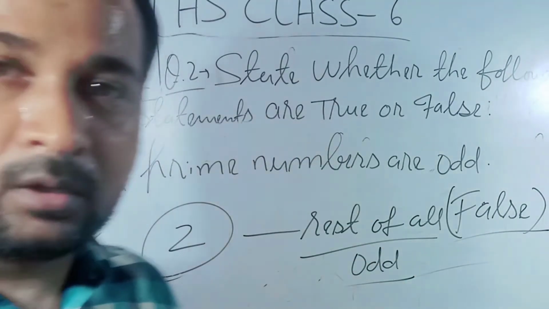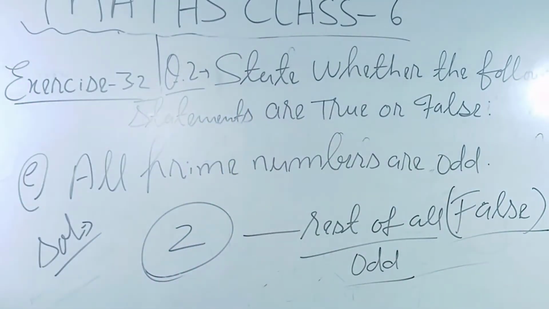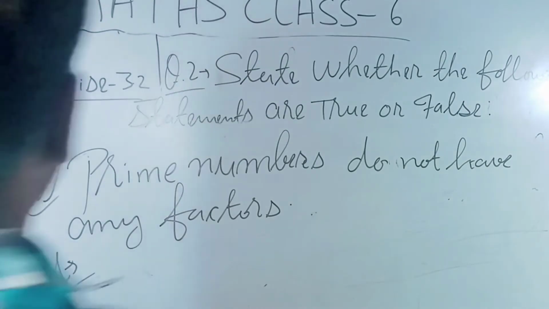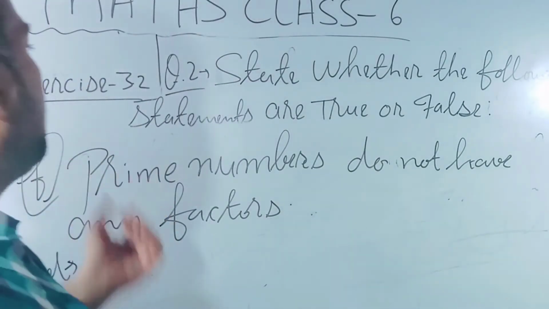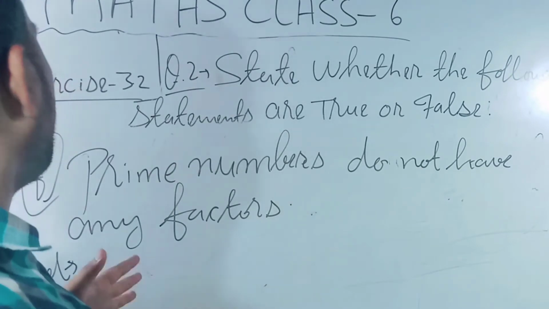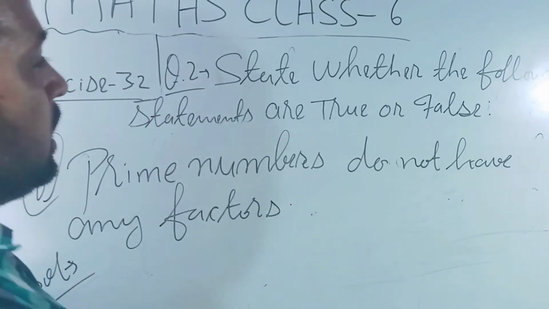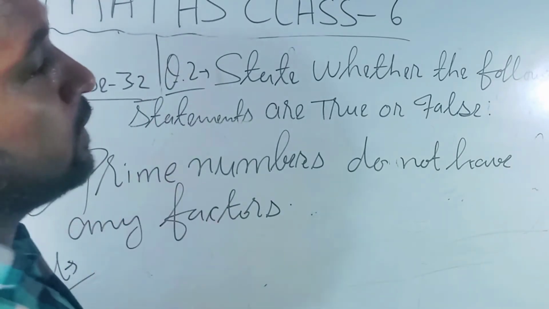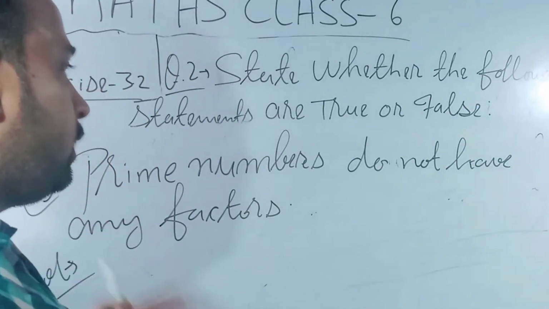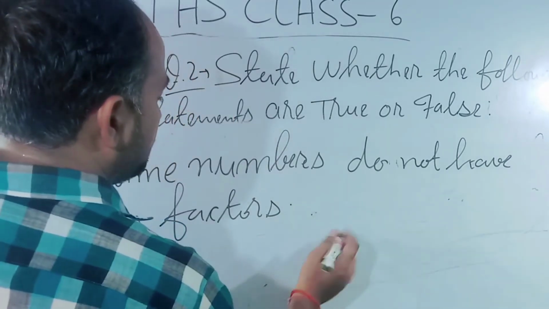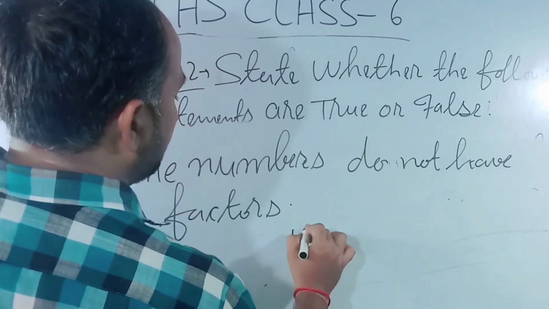Now let's solve another statement. Part F of question number 2: prime numbers do not have any factors. As we know, prime numbers have only two factors, 1 and the number itself. See, I am taking 13.